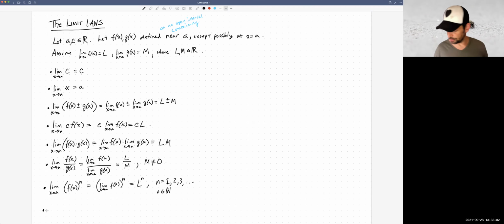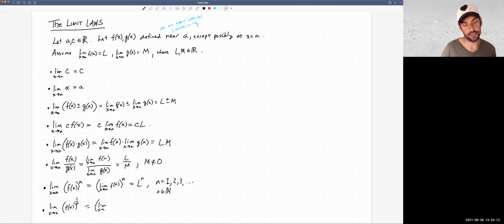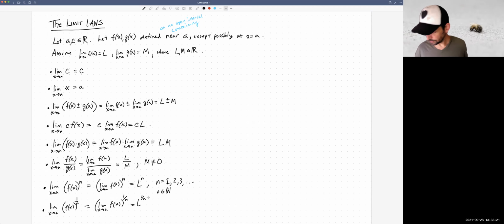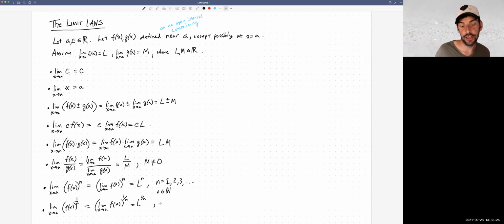We've got a similar thing for roots. The limit as x goes to a of f of x to the 1 over n is the same as taking the limit as x goes to a of f of x and then taking the root. Same thing, n is a positive integer. If the limit is less than 0, this only works if n is odd.